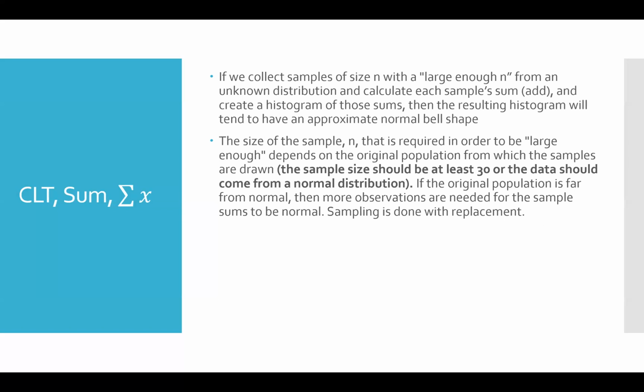In some cases, like the example I had at the end there, they may tell you to assume a normal distribution. If they tell you to assume it's normally distributed from the beginning, the group could be less than 30. Thirty is best, but it could be less if you know that it's normal from the beginning.